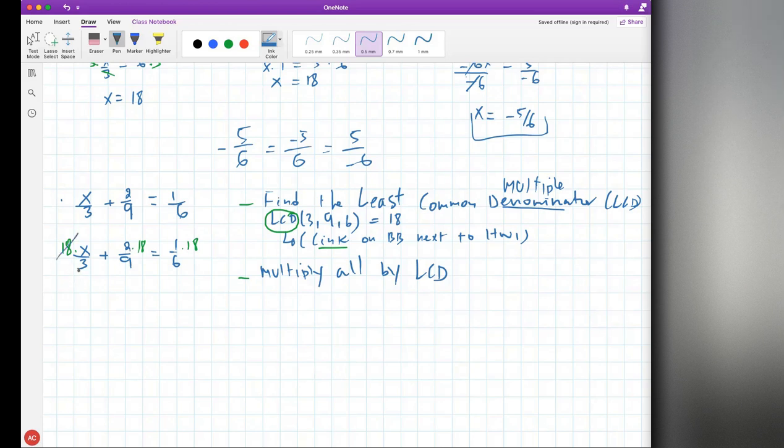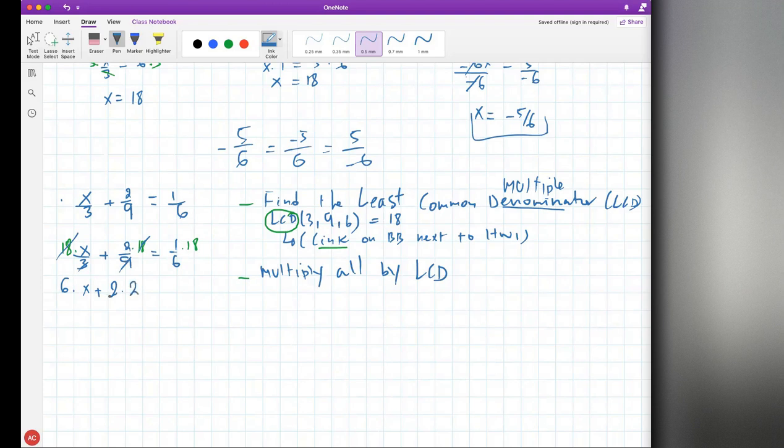So 18, we reduce it by 3, you get 6. Bring down the x, then plus. Then again, before doing the multiplication, reduce first. With multiplication of fractions, we always reduce before multiplying. Again, you'll see that in this link about review of fractions. Times, so 18 by 9 is 2.